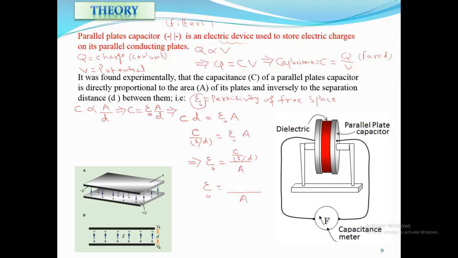You simply need to find out the diameter, and 1 by 4 pi d square will give you the area. So this is slope, where slope is equal to C over 1 by D. D is the distance between the plates and C is the capacitance.